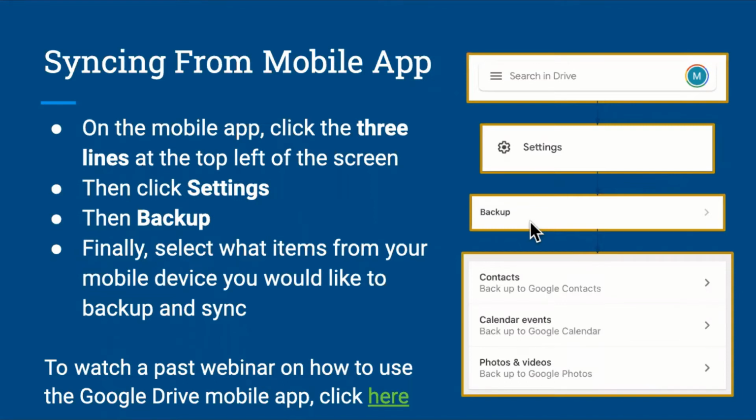Essentially, if you're backing up something, it'll sync different files or aspects of your phone data onto Google Drive for safe storage. So you can select which of these items you would like to sync, whether this be your contacts, which you back up to Google Contacts, your calendar events, which you can access in Google Calendar, or photos and videos, which allows you to back up all of this to Google Photos.